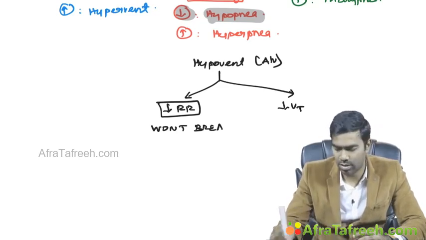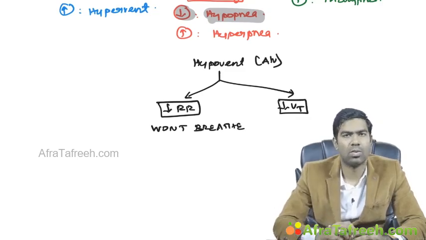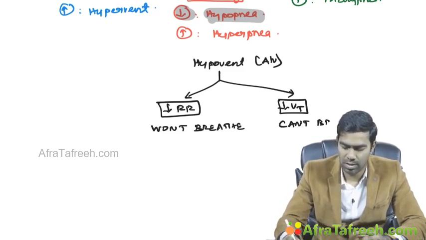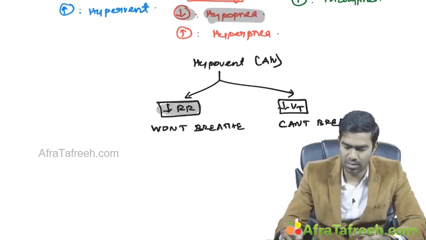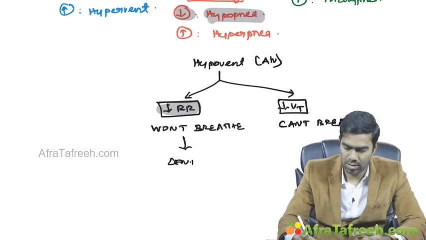The patients who have reduced respiratory rate are patients who are not willing to breathe, which means this patient won't breathe. And the patients who have reduced tidal volume are patients who can't breathe. What do you mean by won't breathe and can't breathe? Whenever they have a reduced respiratory rate, it is likely to be central causes.